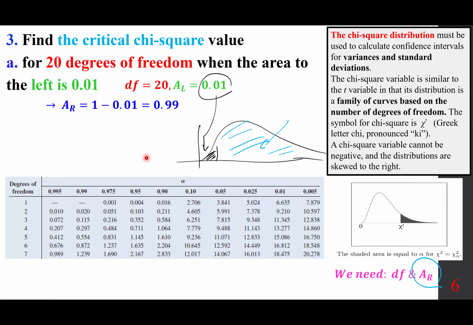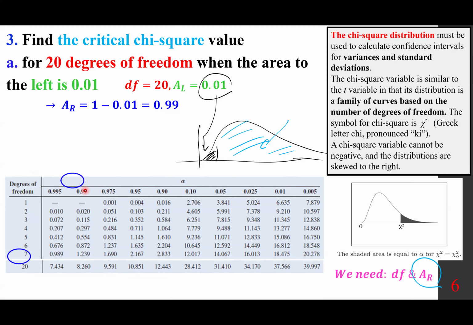You want to look it up here. So we need degrees of freedom of 20. So we locate the 20 here. Okay. And up here, the area to the right is 0.99. So locate 0.99.